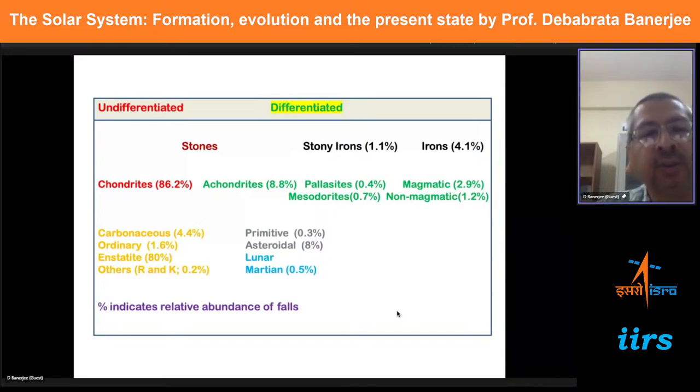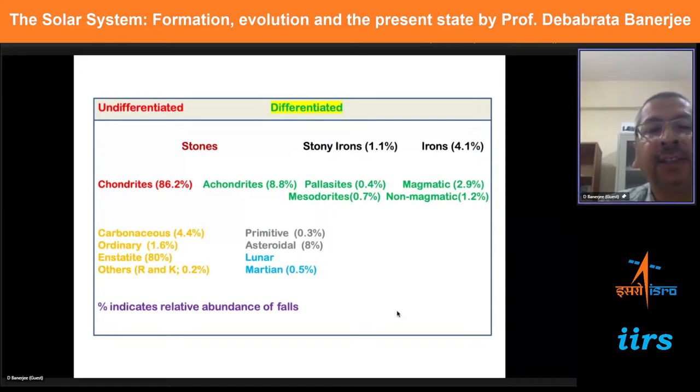Amongst the stones, you have chondrites, which are carbonaceous, ordinary, or enstatite, and then you have R and K. Chondrites constitute 86% of the falls, and achondrites about 9%.